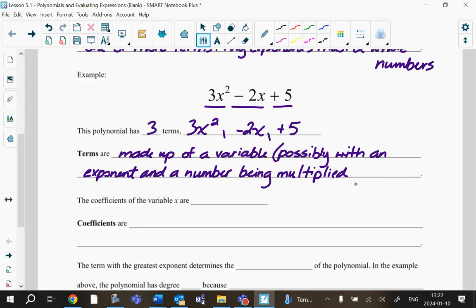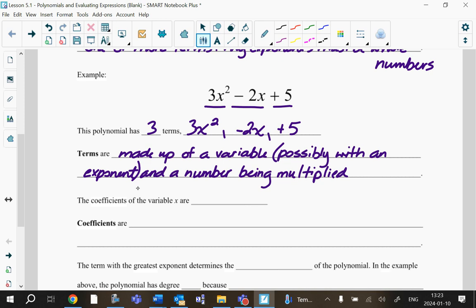So if you look at this term, okay, whenever we have a number and a letter beside each other, that always means they're being multiplied. Okay, so this actually means 3 times x squared. So it's got a variable, and it's even got an exponent with it, and it's being multiplied by a number.